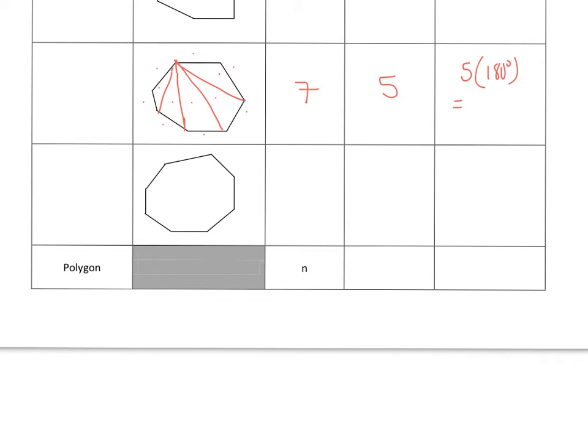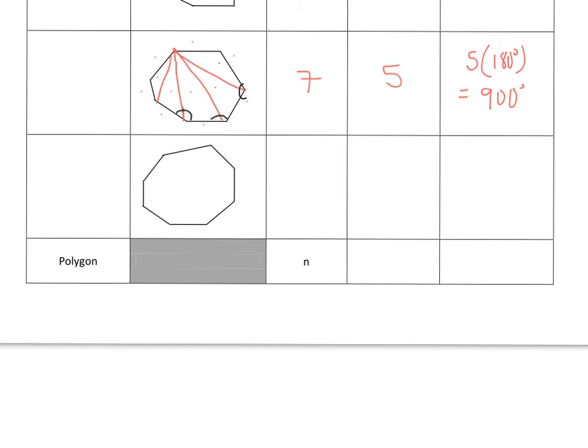And 5 times 180 is equal to 900. So the sum of those inside angles for this polygon with 7 vertices or 7 sides would add up to 900 degrees.